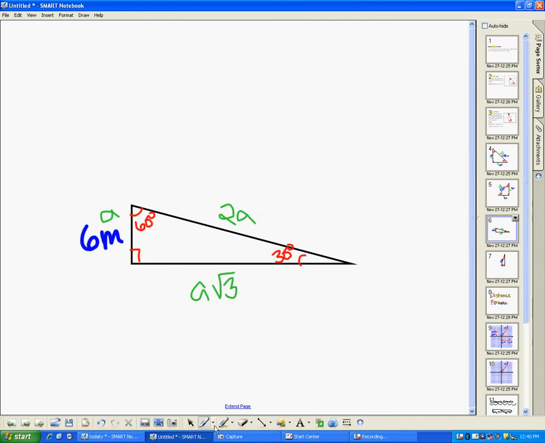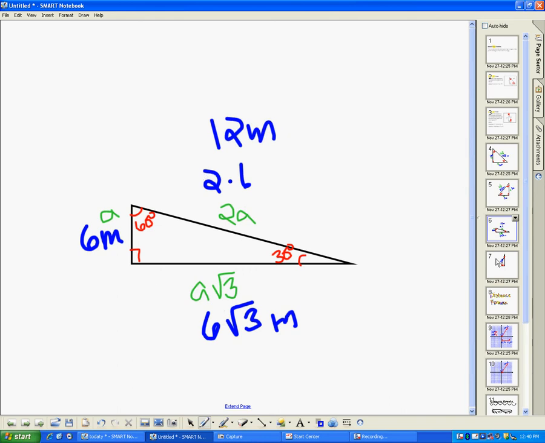So when I go through and solve, if this side is 6, this is my A side, that means that A is equal to 6. So the longer leg is going to be 6 square root of 3 meters. And then my hypotenuse is 2 times A, which means it's going to be 2 times 6, which is 12 meters.